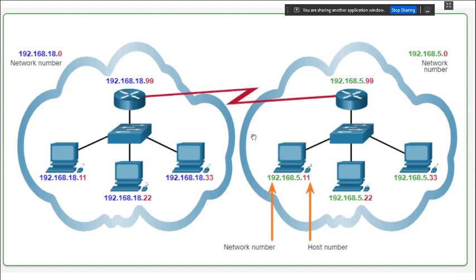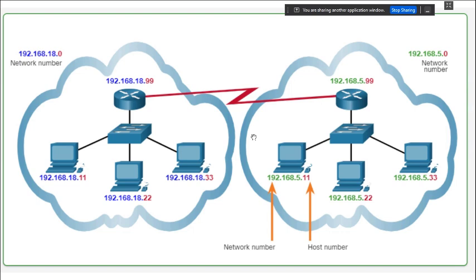Then the difference is just on the last octet, where you have 99, 11, 22, 33. So these last numbers represent each computer. That's the host. Those last numbers identify the host, while the first 3 octets identify the network.